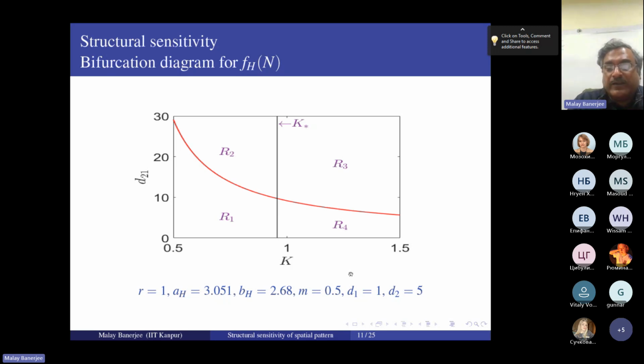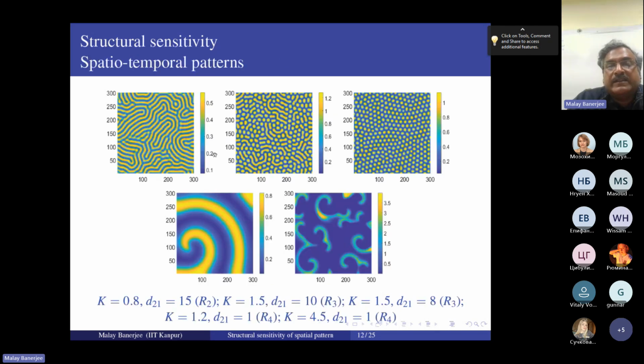So if anyone wants to follow that non-dimensionalization, that 1 is the diffusivity for the predator in the dimensionless version. Now, if we choose different combinations of k and D21, where D21 is chosen as the bifurcation parameter, we observe different kinds of patterns, and these are listed here.